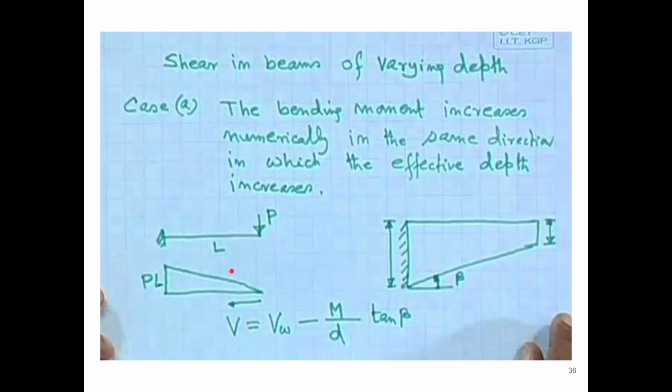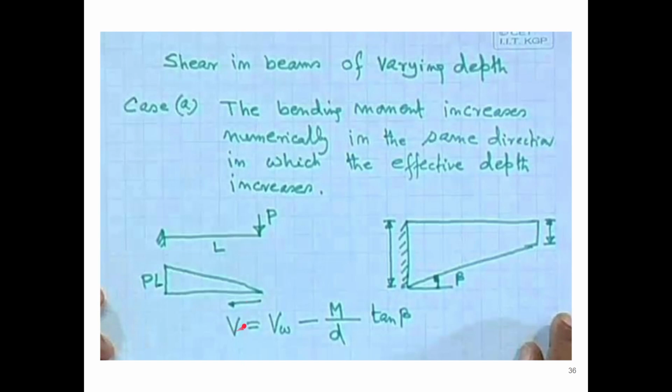In this condition, the shear force V becomes Vw minus M by d into tan beta. That is the formula, where Vw is the shear force due to this load P at the section. M is the moment generated at the section at which we need to calculate the shear force.